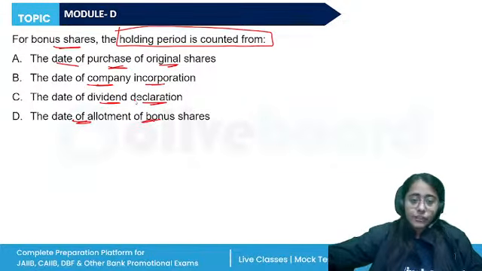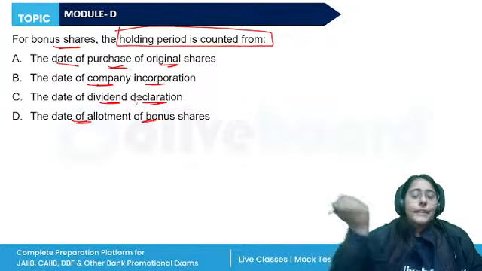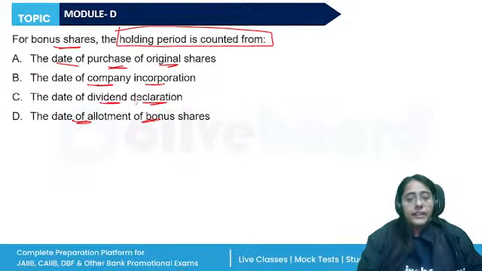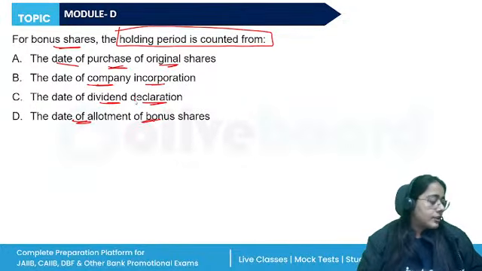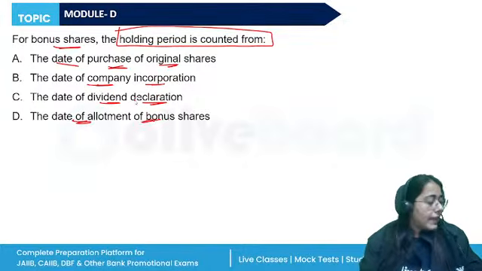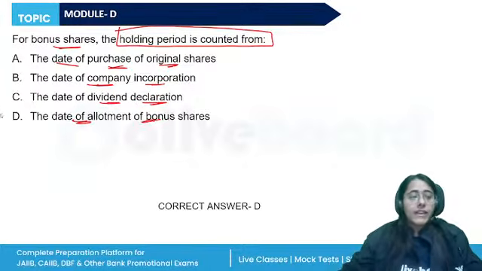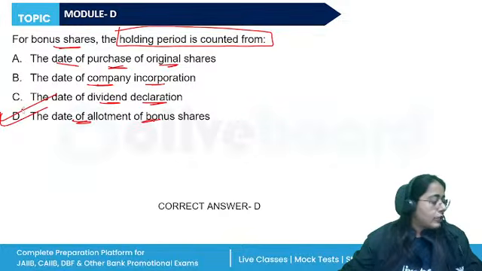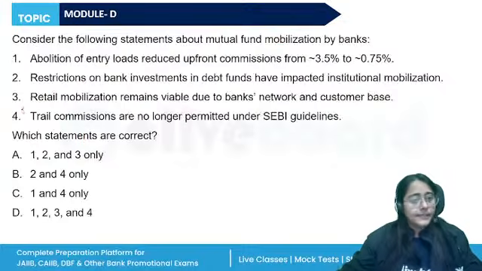From the purchase of original shares, or company incorporation, or the date of dividend declaration, or allotment? Yes, it is the date of allotment. When I get the bonus shares allotted.